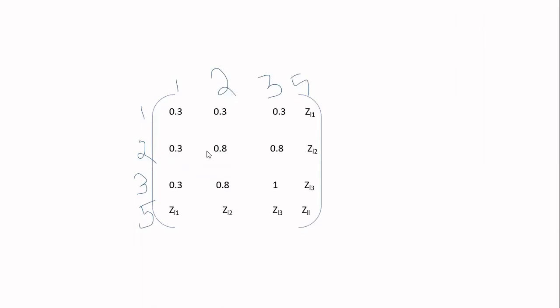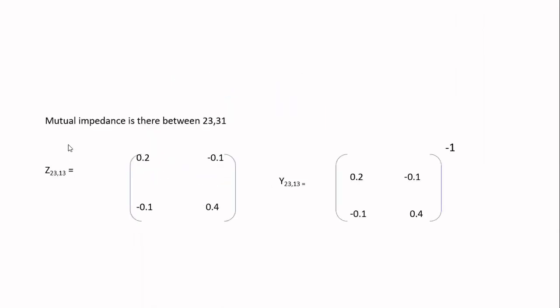Before calculating the impedance values, first of all we write down the Z23, Z13 matrix, and by using it we form the matrix.